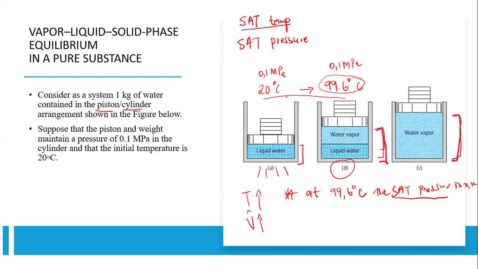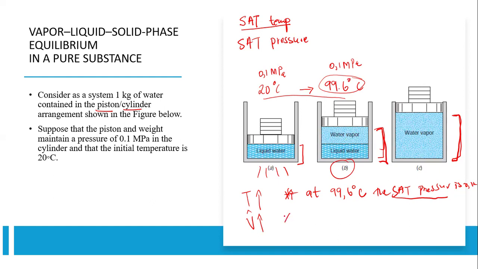Remember, by the way, this 20 degrees is not the saturation temperature. So saturation temperature is going to be what? 99.6, because that's where vaporization starts to take place. Okay.